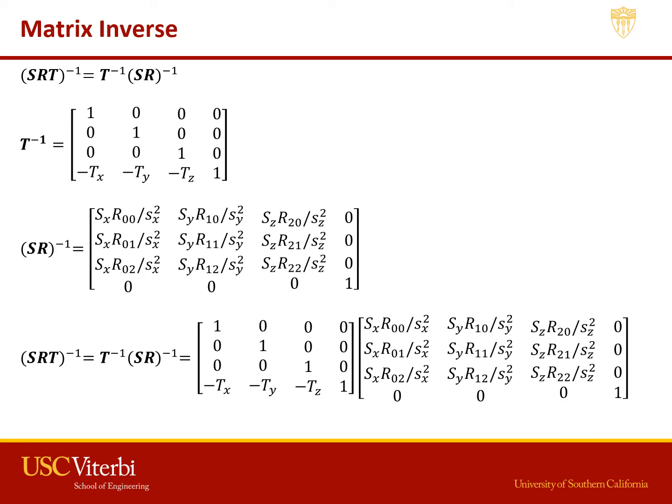This is t times SR quantity, right? And that means the t is in the front, and we have to actually multiply that out. The rest of the t matrix is still the identity, so you don't have to bother multiplying that. You just repeat. These terms are all going to be correct. But for the bottom row, you have to take this vector and multiply it through these terms to get the answers. So actually do that multiply.